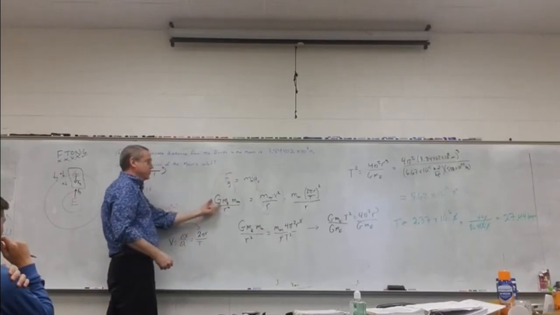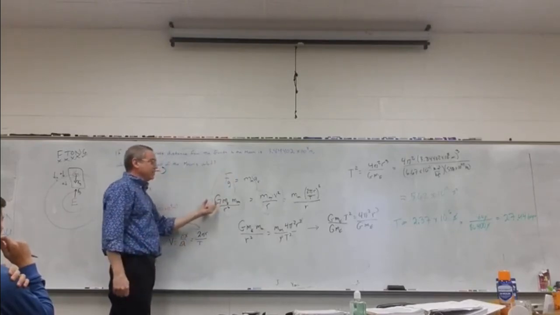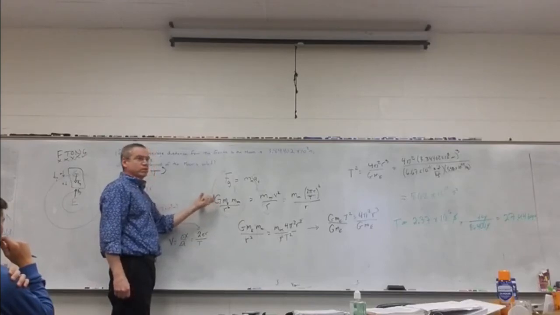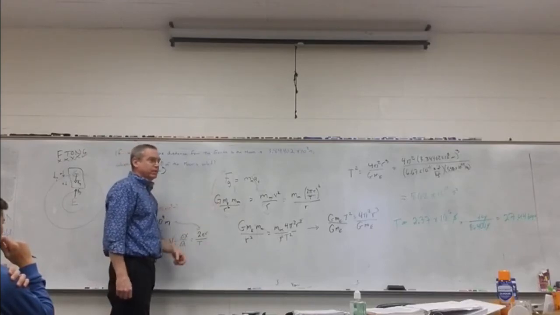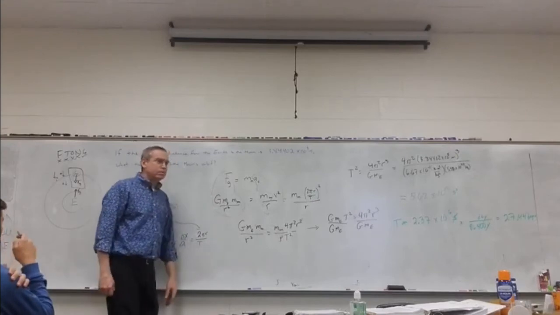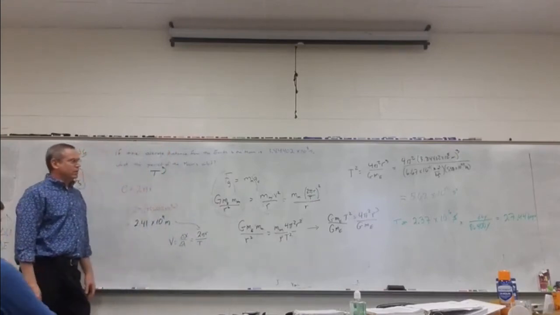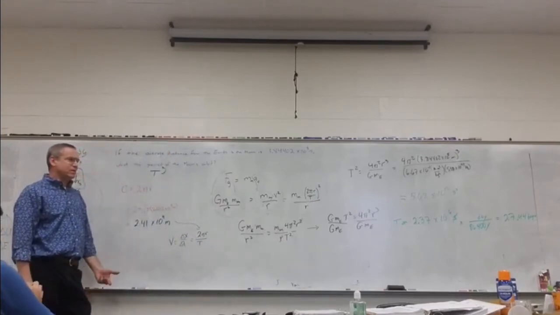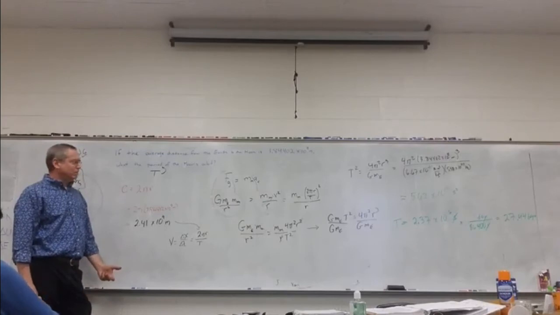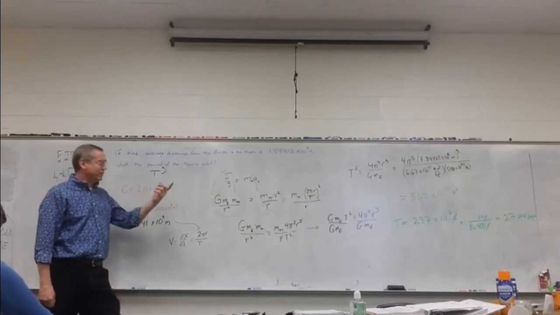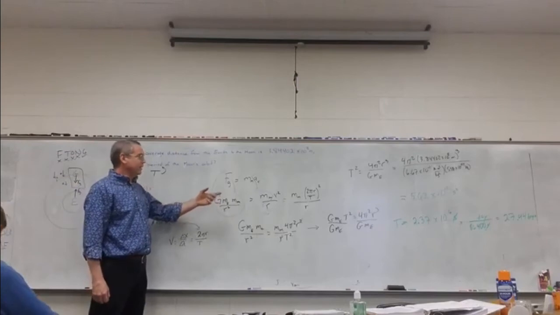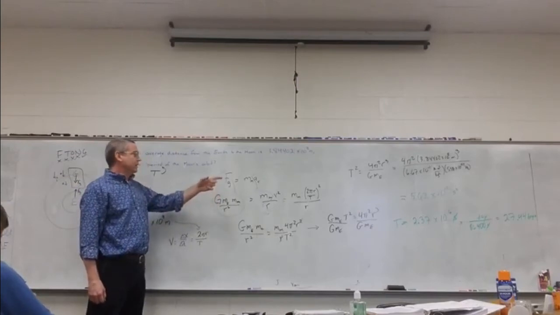This unit is specifically designed to make the units work out in whatever unit system you're using. So if you were using the CGS system where force is in dynes, then it would be a different number, but it would be dyne centimeter squared per gram squared.